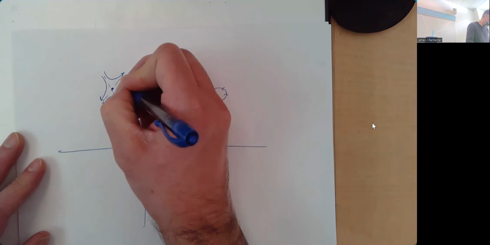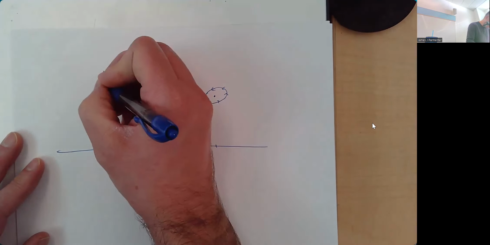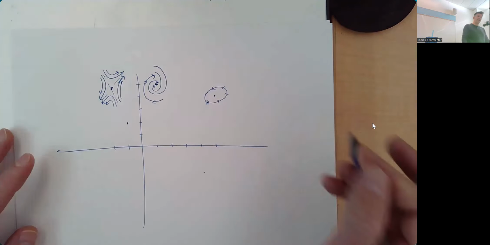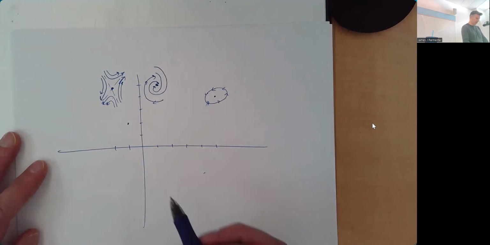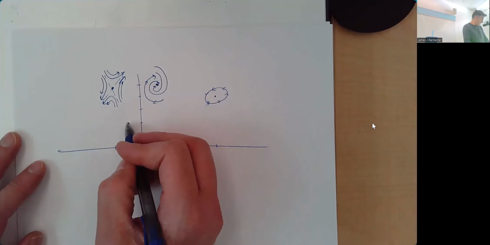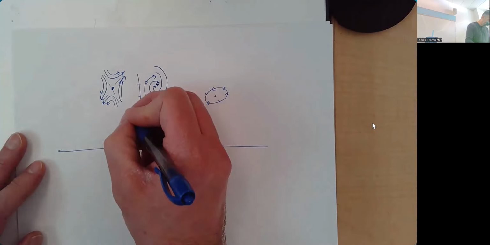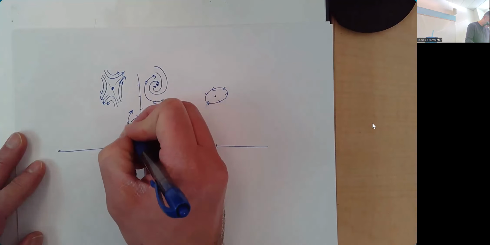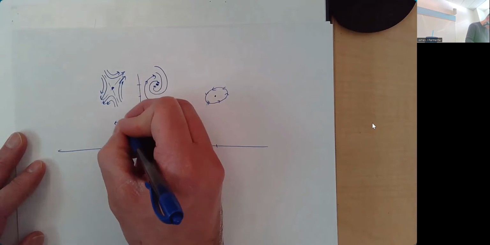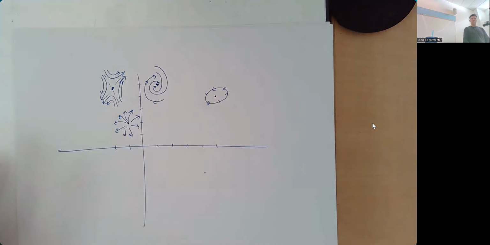Feels a little hand wavy there, but that's the idea. There's a saddle. And then finally over here, my unstable node, things are emanating away from it. It doesn't have to be straight away from it because things do arc. But that's the idea, we're going outward from it. So that's how I guess we would draw.